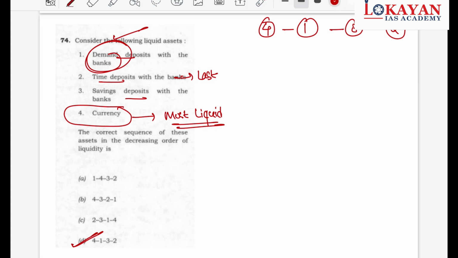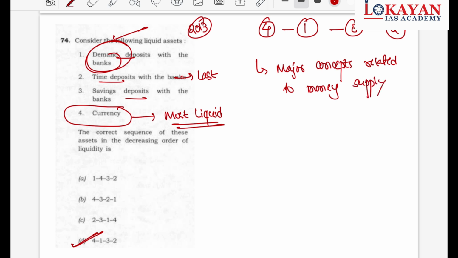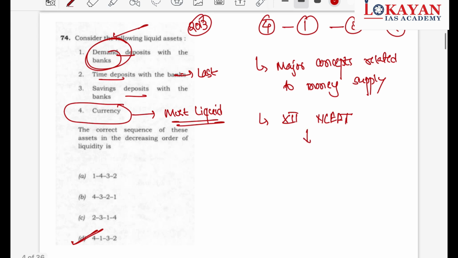But this was asked in 2013. Now UPSC will increase the difficulty level. You must be ready with major concepts related to money supply, and your 12th NCERT, in the third topic of money and banking, there are various indicators like M0, M1, M2, M3 and M4.